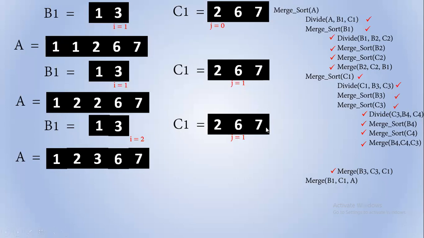That means 6 and 7 will be added here. So now you can see this array is sorted. Right, so this is how this merge sort algorithm is working.